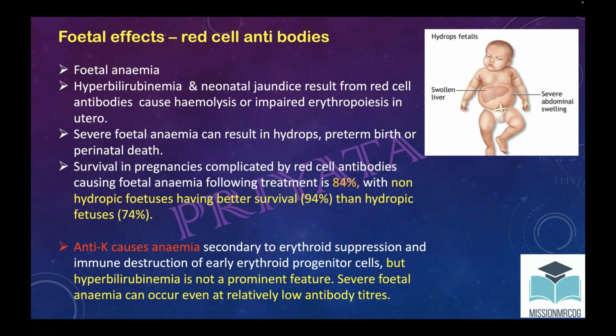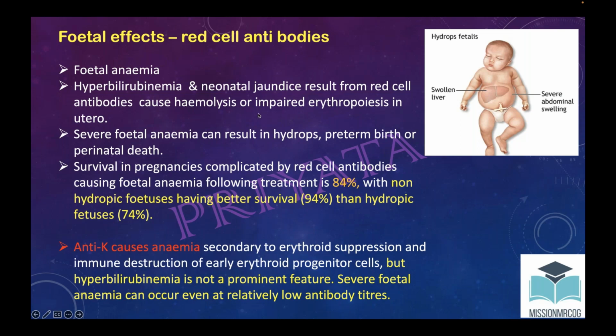There could be fetal anemia, though it is a repetition of the same thing. Previously I discussed the pathogenesis. Now this would be the answer you will be speaking in the exam. So what could be the fetal effects of red cell antibodies? Your answer would be fetal anemia. There could be hyperbilirubinemia and neonatal jaundice or icterus that occurs from the hemolysis or impaired erythropoiesis.